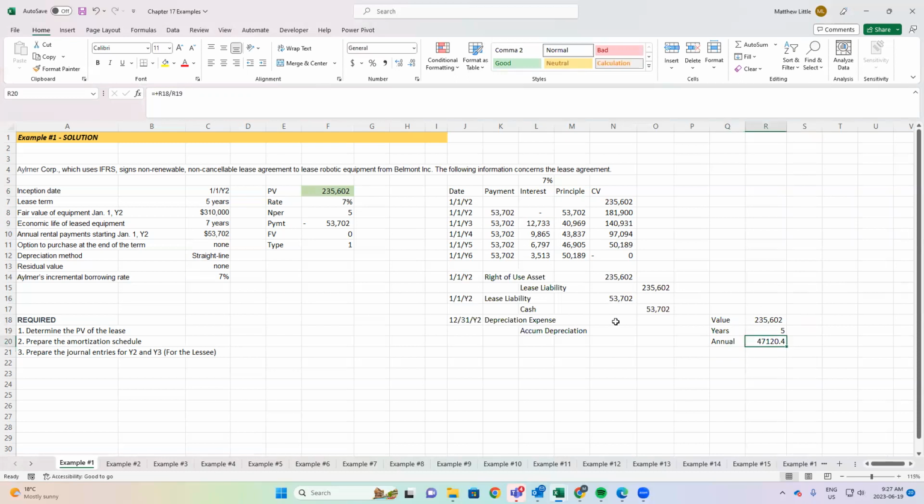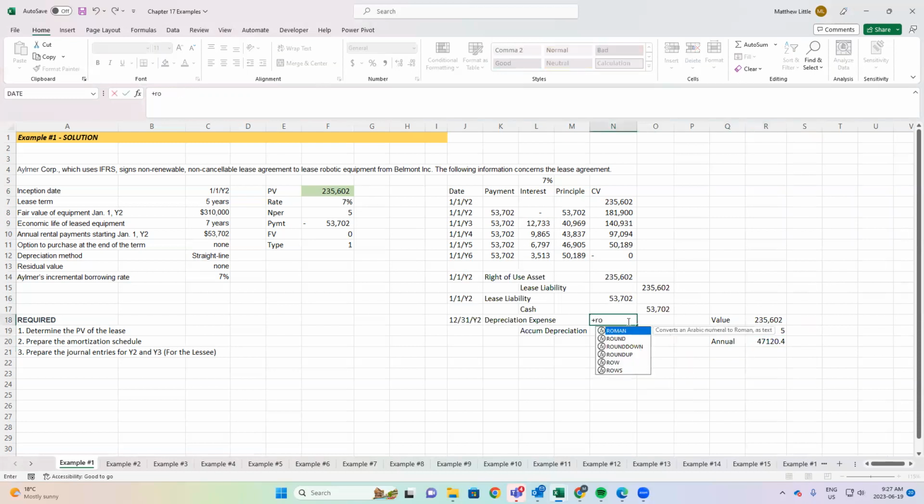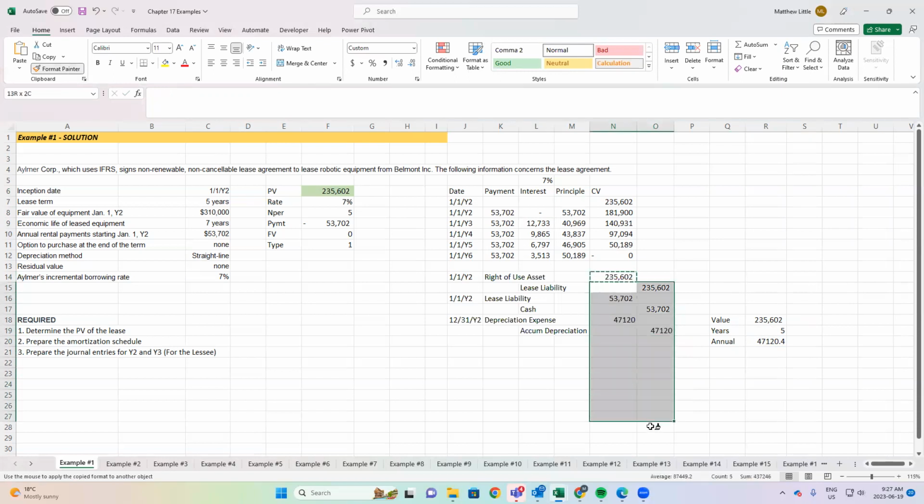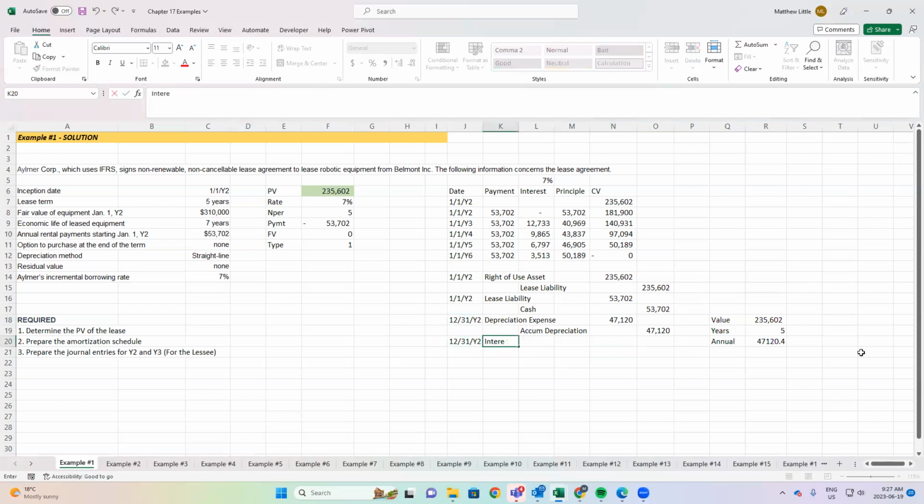So we're just going to round that to 47,120. Okay. We have our depreciation. The next item is on December 31st. We also need to record our interest expense. And we'll add it to our lease liability.